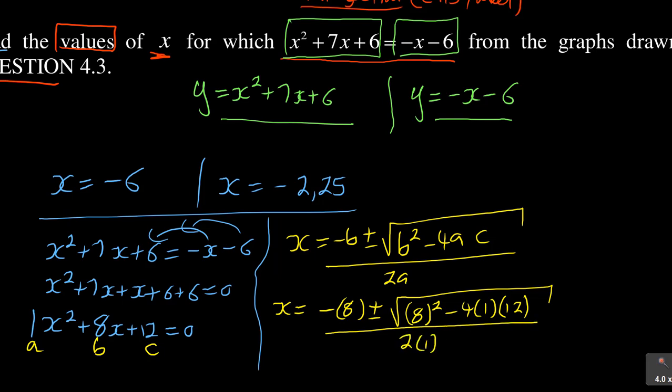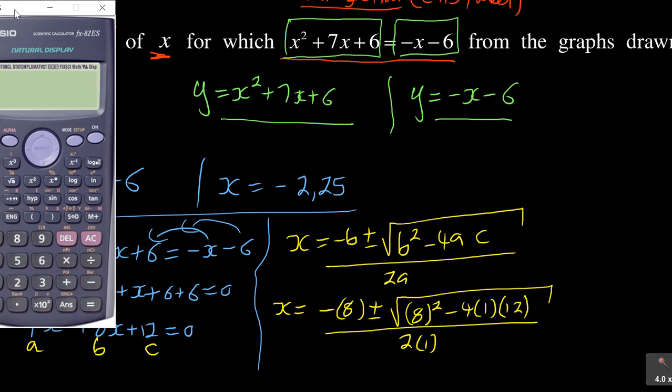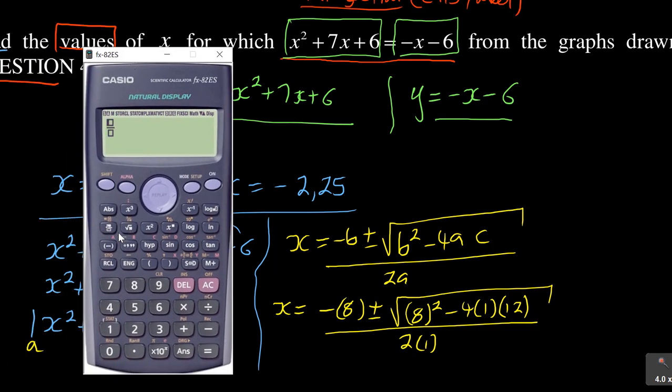So you can quickly check the two values of x there when you enter that, which is negative 8, start with the positive, 8 squared minus 4, 12, and then over 2, 1, like that.